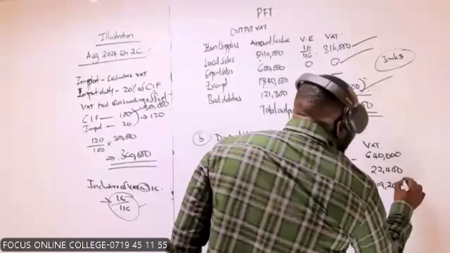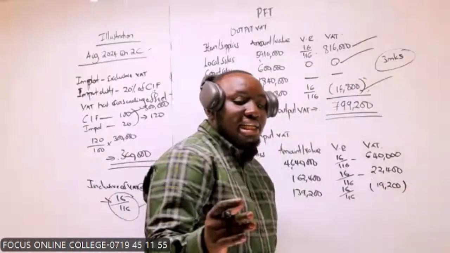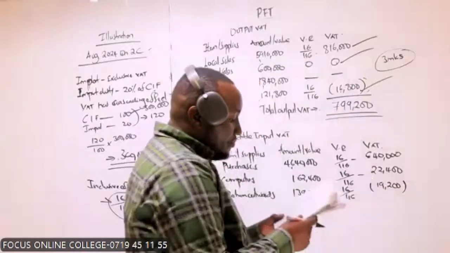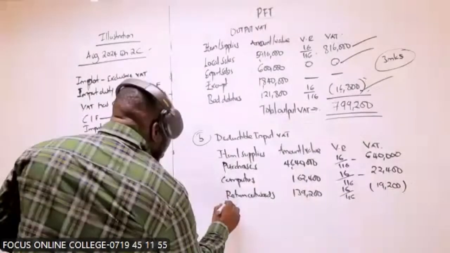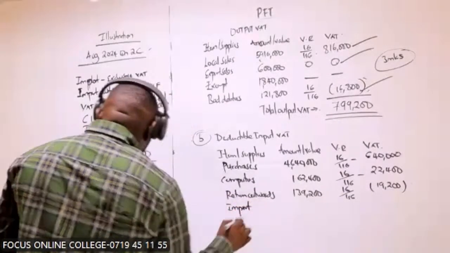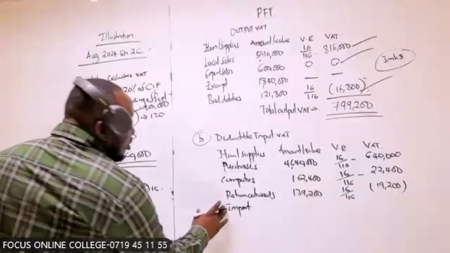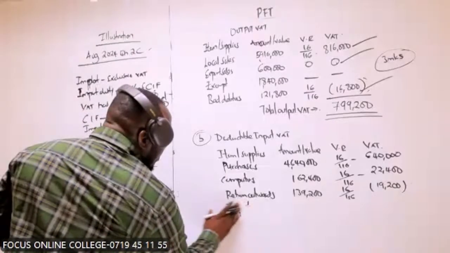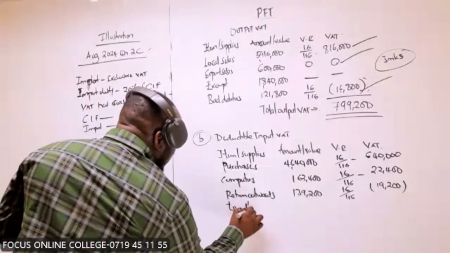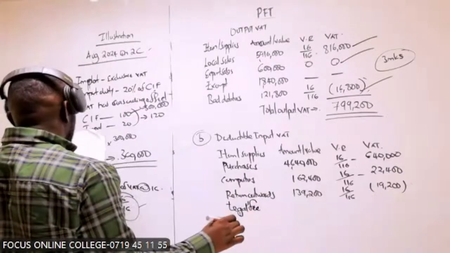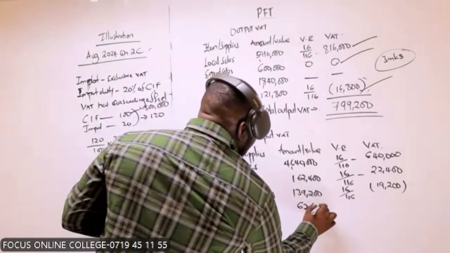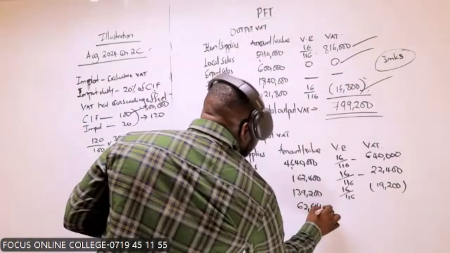Because we're doing deductible, we're restricting items of purchase you separate. So then you have what we call the import. Next is what we call the import. So we have legal fee. Before import, there's legal fee. So legal fee was 640. 16 over 116.